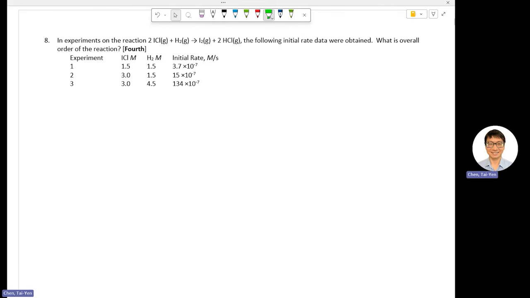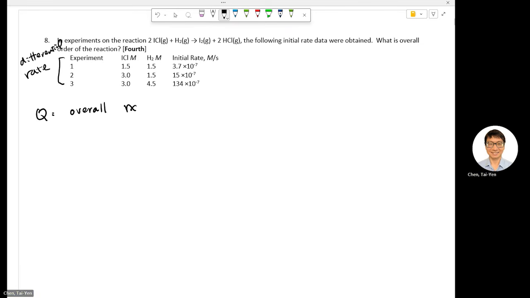Let's read this question quickly. Say you have the reaction 2ICl plus H2 gives 2I2 plus 2HCl, and the following is the experimental data. It asks what the overall reaction order is. Once you see this table, you know the differential rate law is what you want.